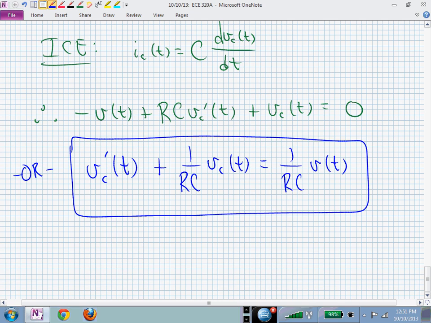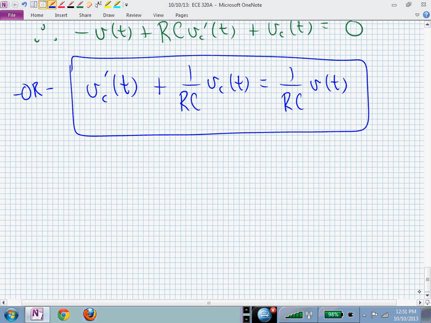Now we can apply our Laplace transform techniques. We can Laplace transform this equation. And the Laplace transform is a linear operation, and we can then Laplace transform each of the three terms. Meaning this is a time domain equation.